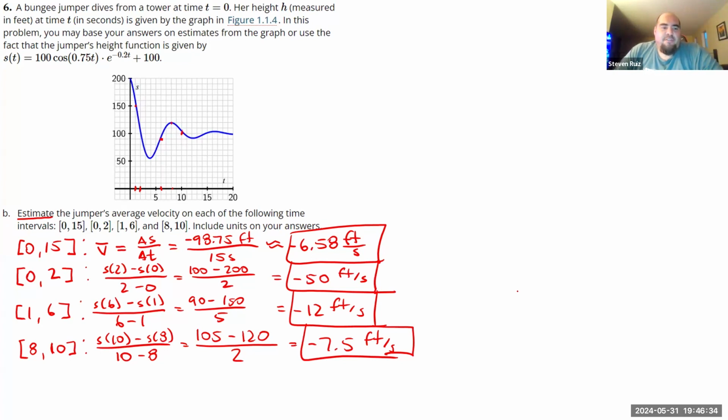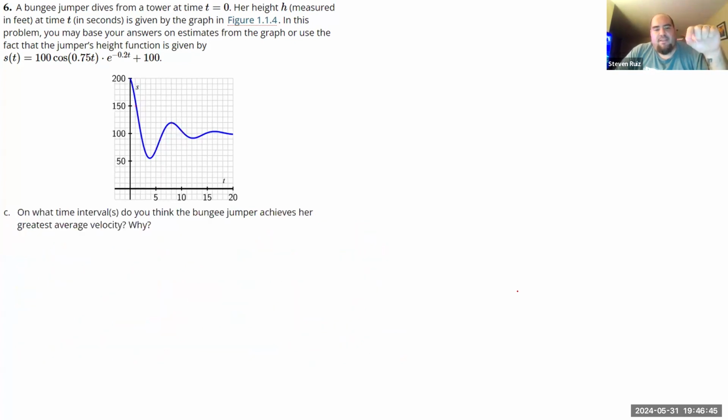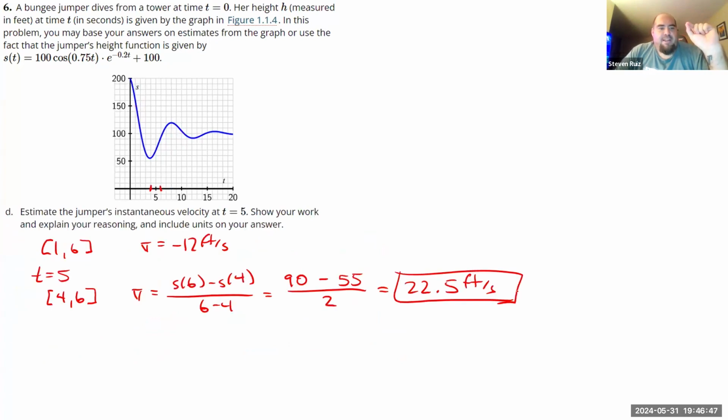Finding the average. So everything we looked at in part B, every one of those intervals, this jumper lost height. So that's why these average velocities are all negative, as opposed to what's happening at t equals 5 seconds, from here to here. That's when she's on the rebound.